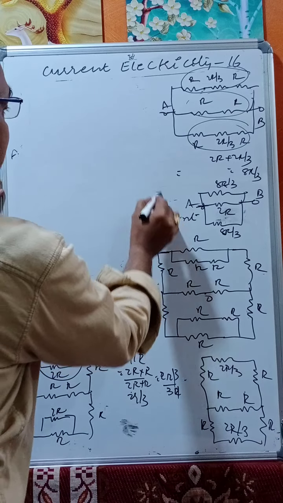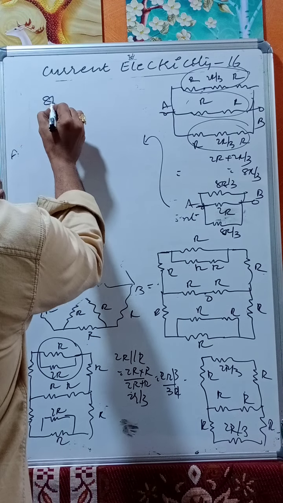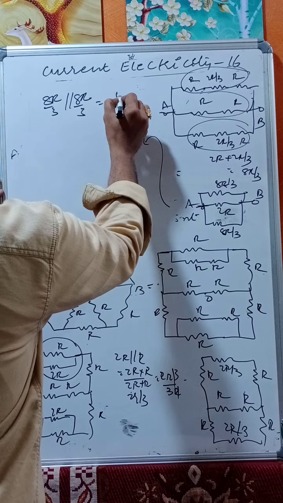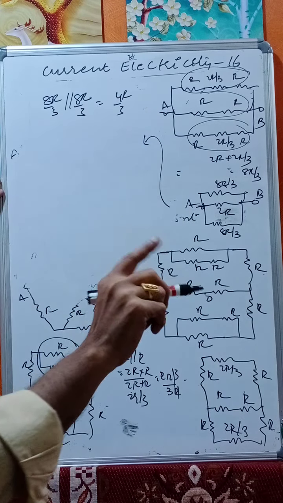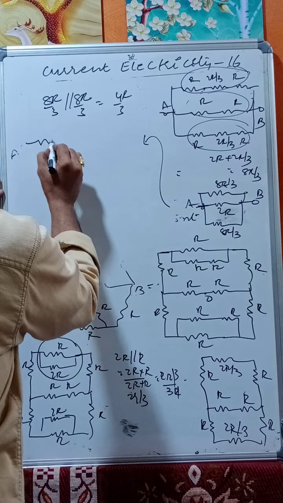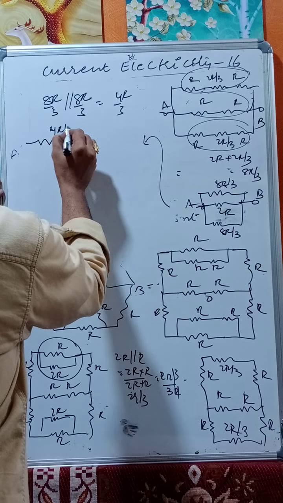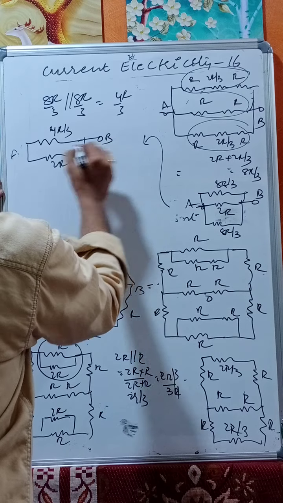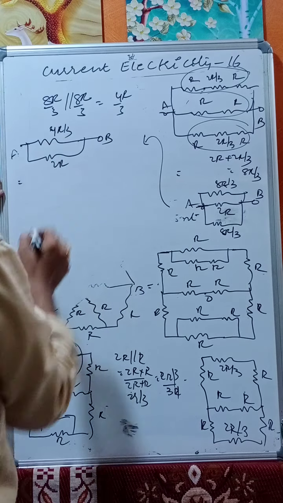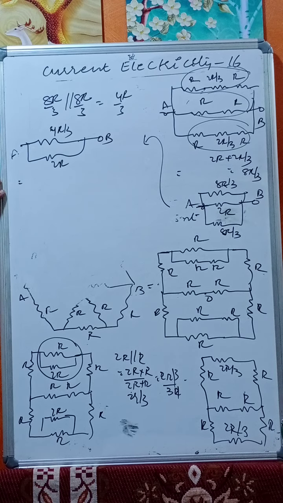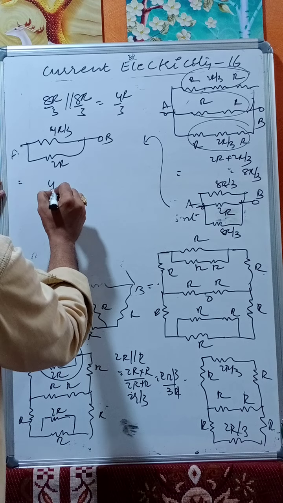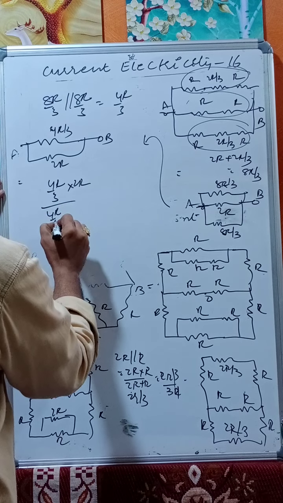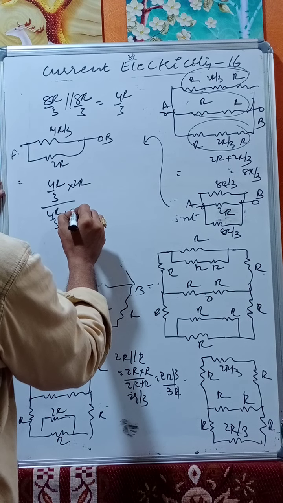So this is 8R by 3 in parallel with 8R by 3. This is 4R by 3 because R in parallel with R by 2. I told you. This is 4R by 3 in parallel with 2R, between A and B. Now 4R by 3 in parallel with 2R is 4R by 3 into 2R by 4R by 3 plus 2R.